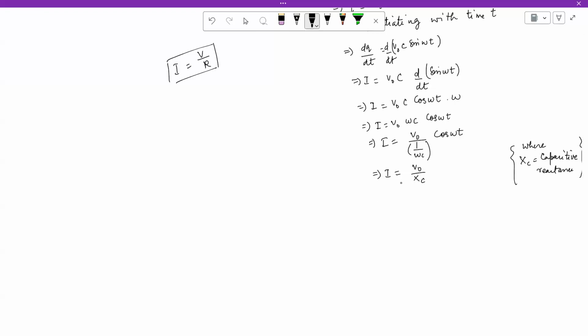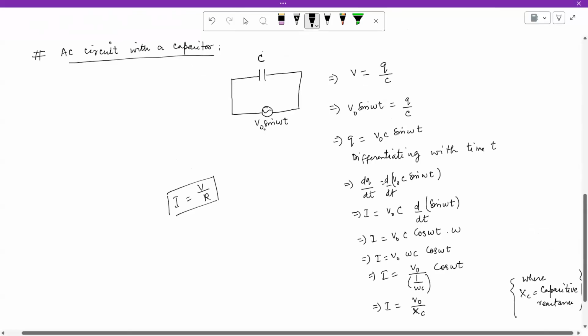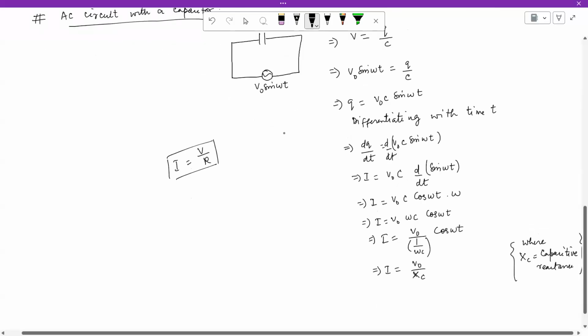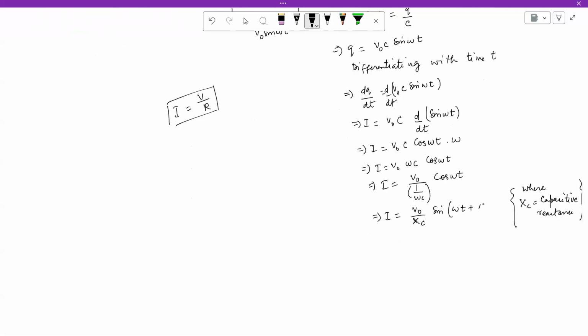And then cos omega t, I have to write it in terms of sine, because the supply is in terms of sine. So I can write it as sine omega t plus pi by 2.